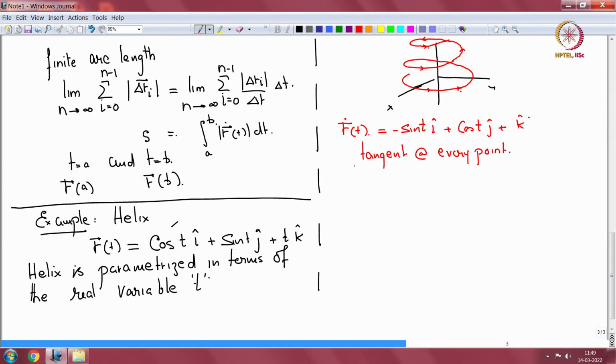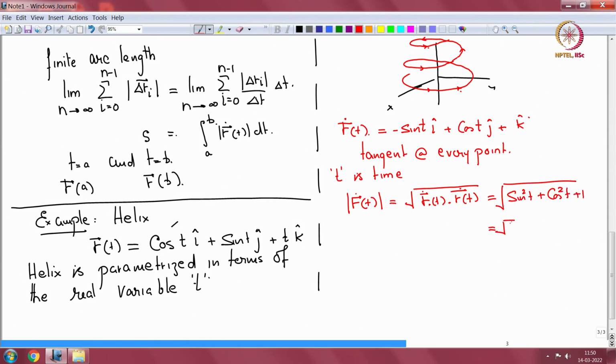Okay. And so if t happens to be my time, suppose, then the magnitude of r dot is equal to the square root of r dot of t dotted with r dot of t, which is equal to the square root of sine square t plus cos square t plus 1, which is equal to root 2.